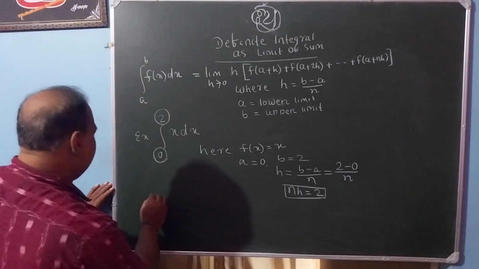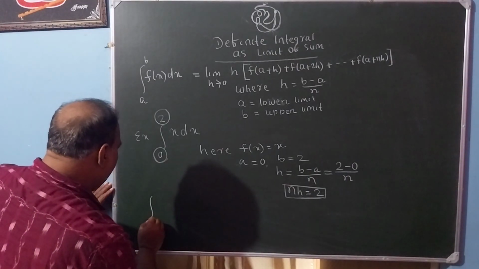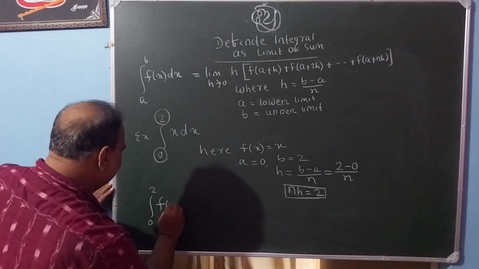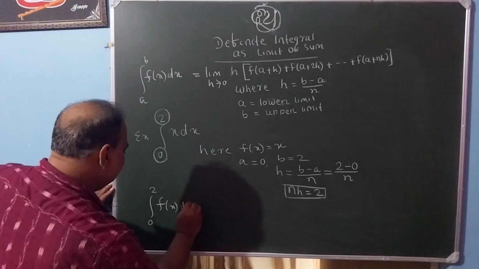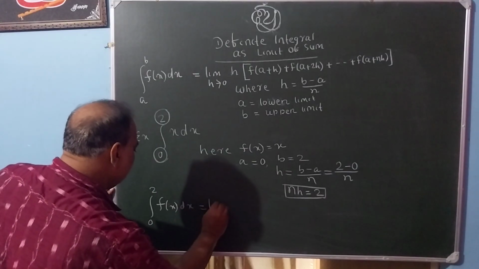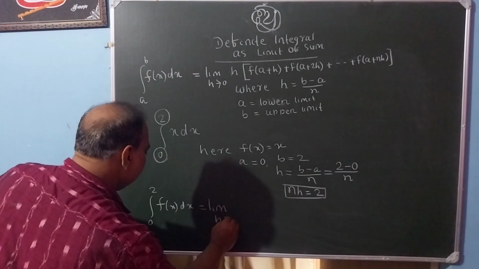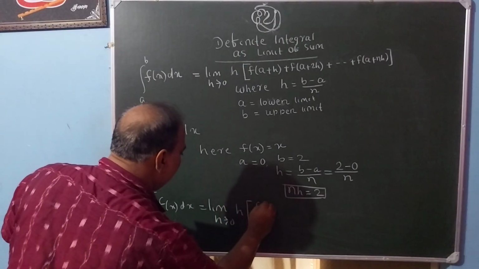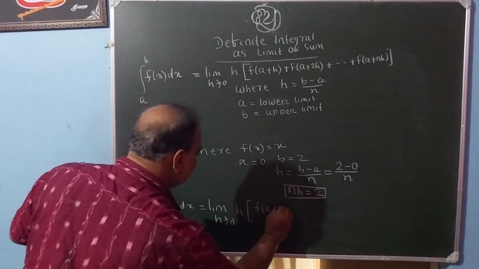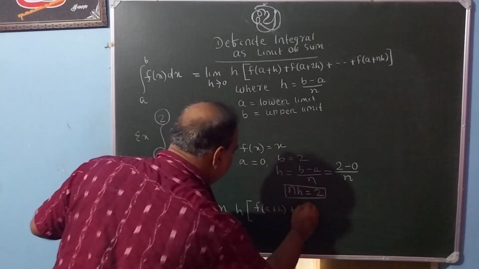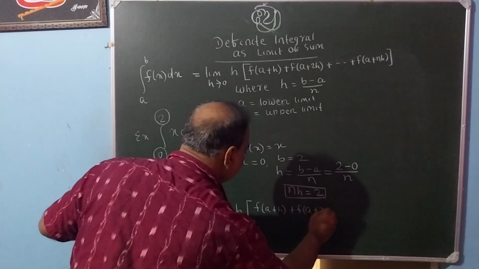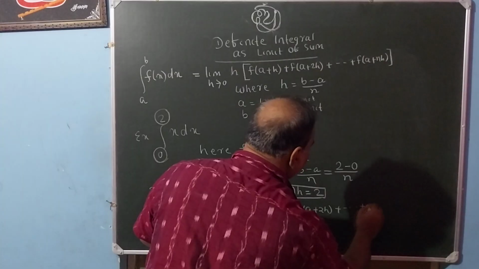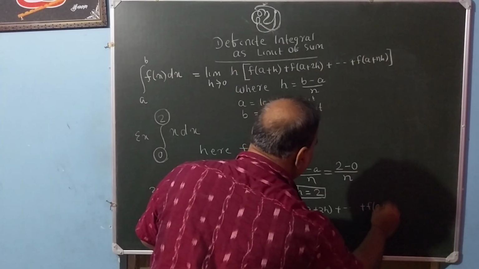Now we know that integration of a to b f(x) dx is limit h tends to 0, h into f of a plus h, f of a plus 2h, dot dot, f of a plus nh.